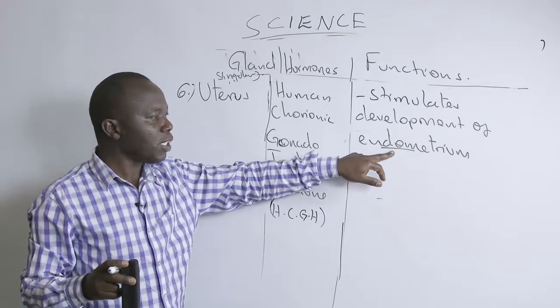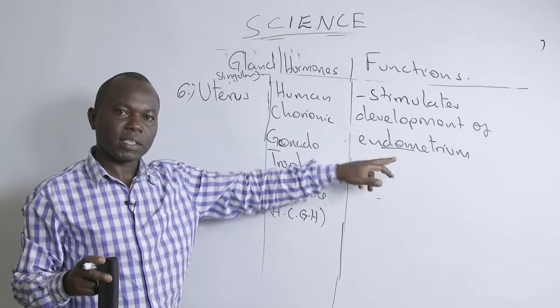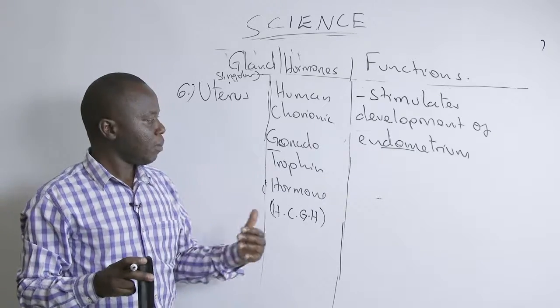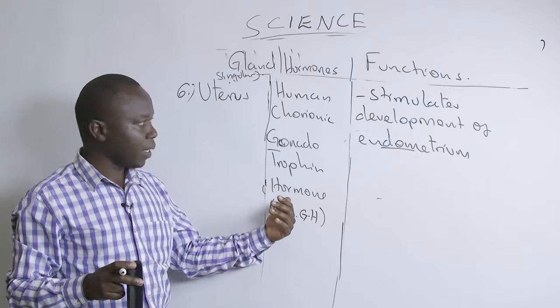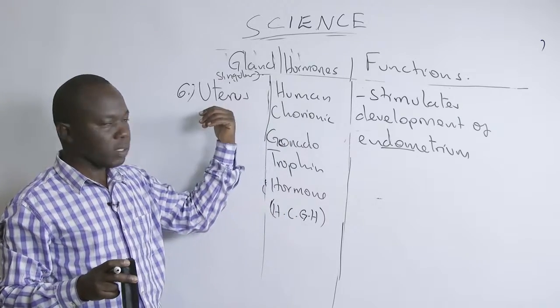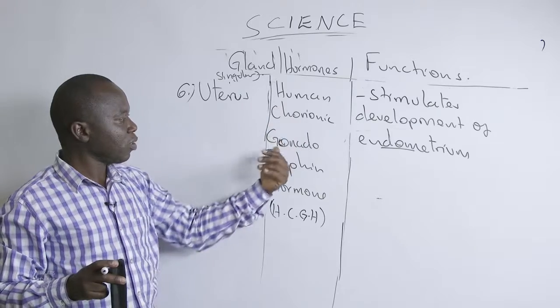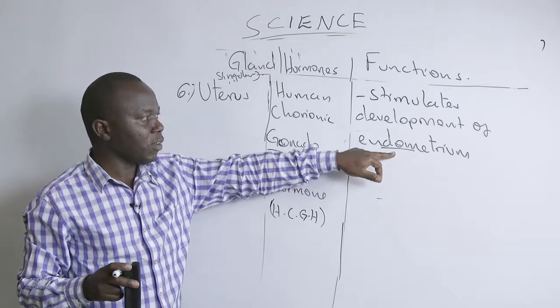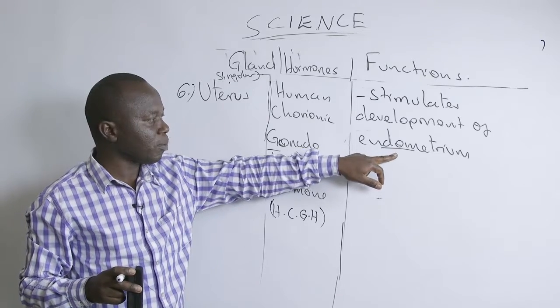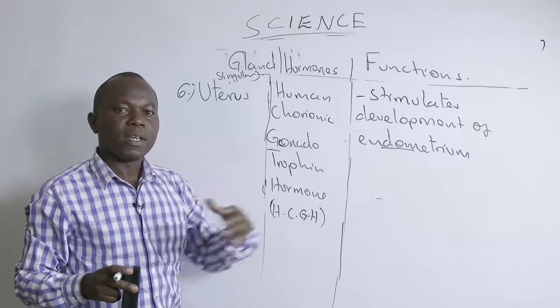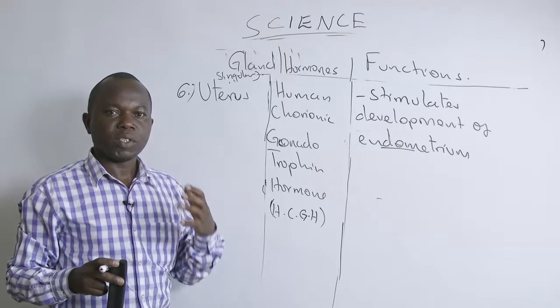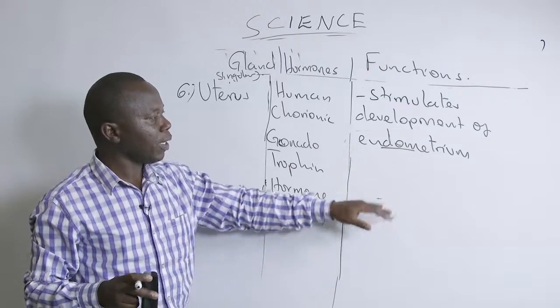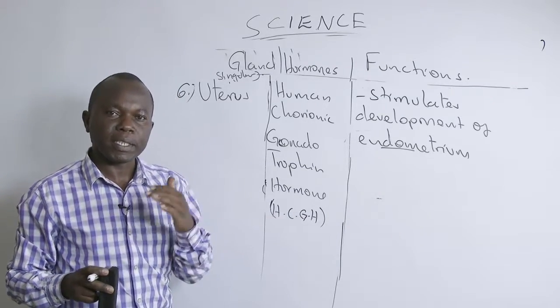So the endometrium of the uterus is supposed to develop, but that will happen under the influence of a hormone secreted by uterus, human chorionic gonadotrophin hormone. It is the one that will lead to increased development of the endometrium in preparation to implantation.